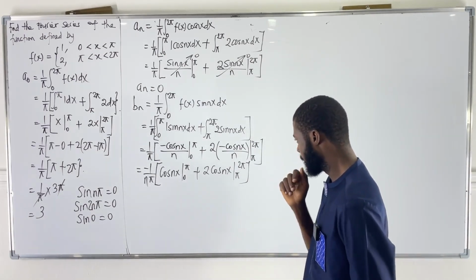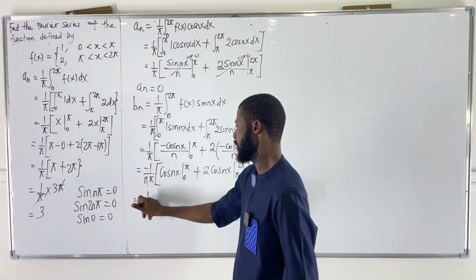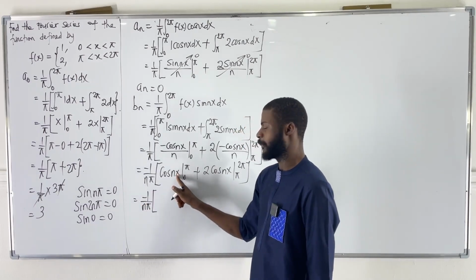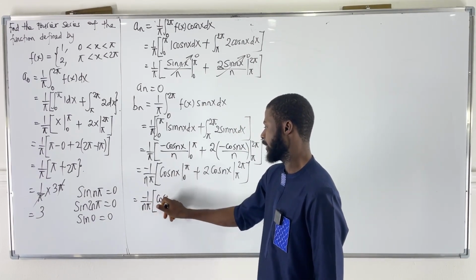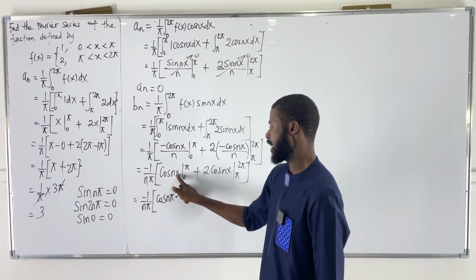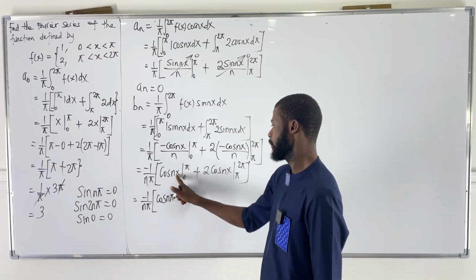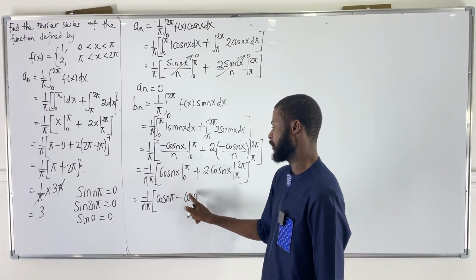So let's proceed. So let's put in our limits. This will be minus 1 over n pi. Then anywhere we see x, we're going to be putting pi and 0. So this will be cosine of n pi, because this is x, so put in your pi, that's n pi, minus, put in 0, this will just be cos 0, because n times 0 is 0.